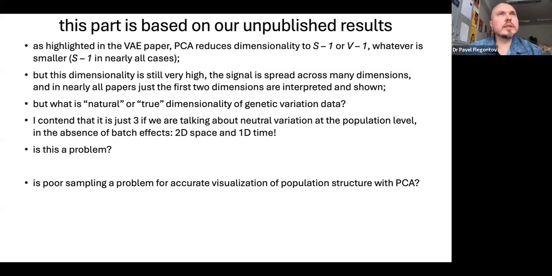So if you want to reproduce a certain history of a species with free mating, ideally we should do it in 3 dimensions. But is this a problem for PCA? And also, is poor sampling a problem for accurate visualization of population structure with PCA?